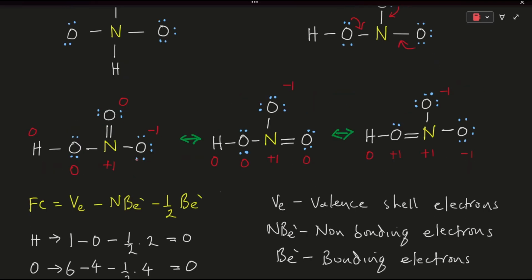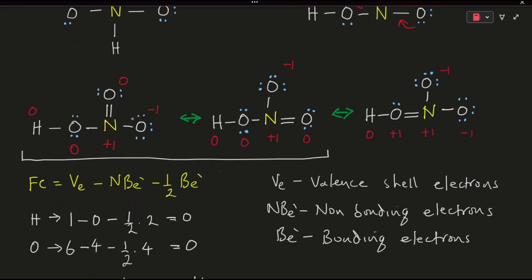So the actual Lewis structure for nitric acid is going to be between this Lewis structure here and this one. So these 2 structures over here will be considered as resonance structures of nitric acid, which means that the actual Lewis structure for nitric acid is going to be a hybrid of these 2 resonance structures.